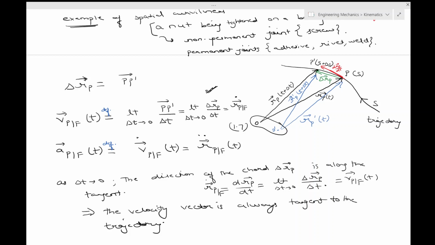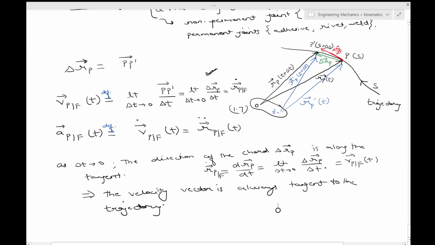But here is the thing. It is only concerned about the vector PP dash, which is independent of whether you take the point O or O dash. We have already seen that before.